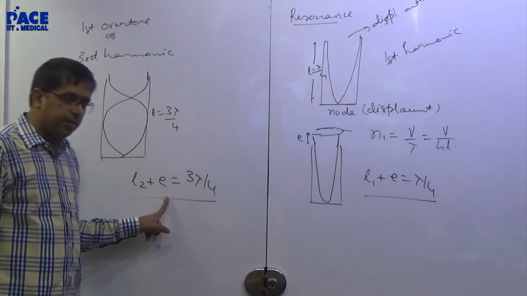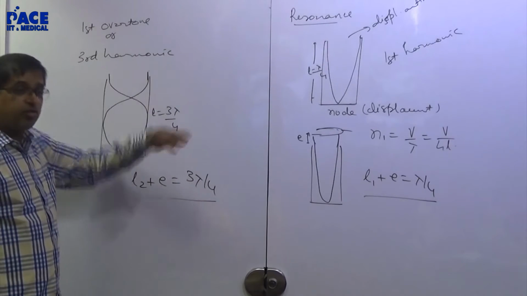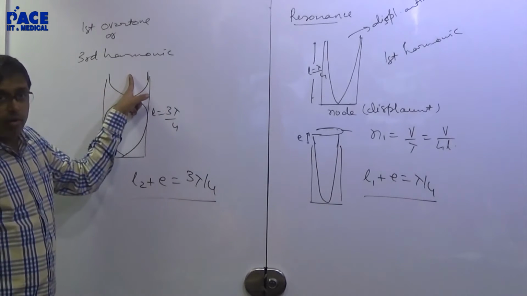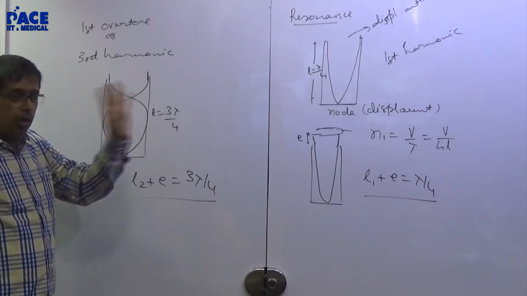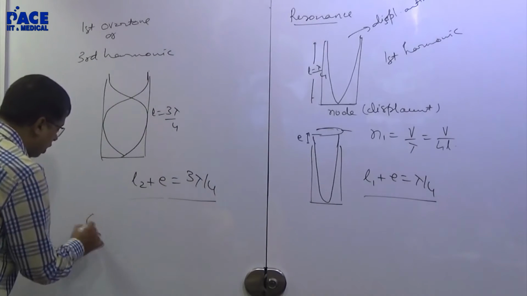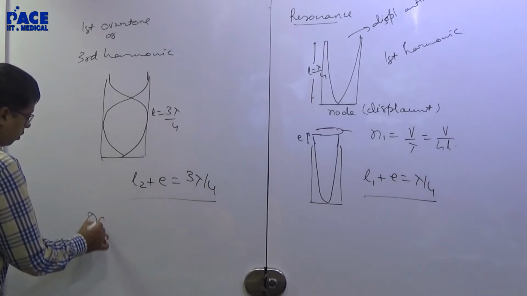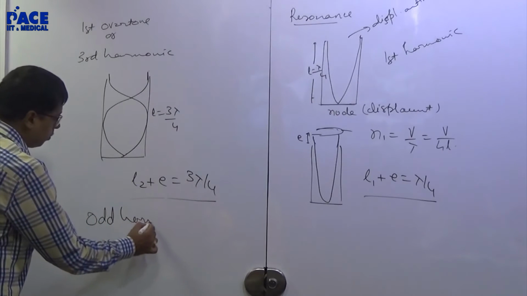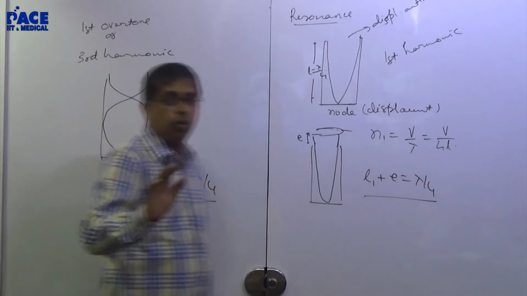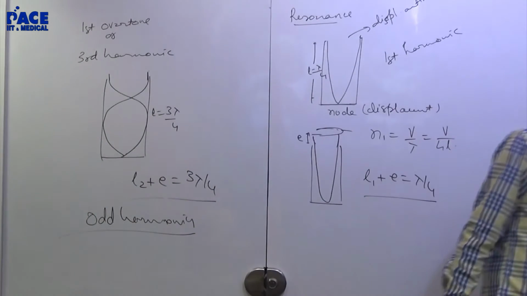Is the logic clear? Now you will have the fifth harmonic again, because this should always be a node, this should always be an antinode. You will not have even harmonics in this particular case. Only odd harmonics will exist.